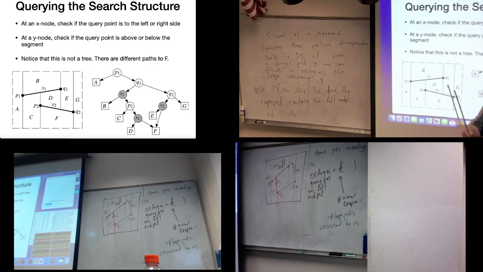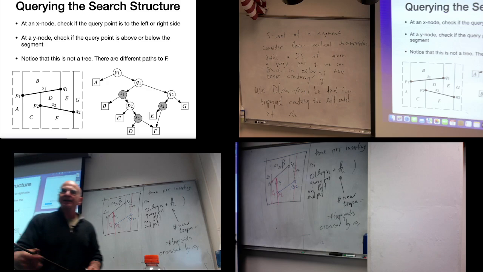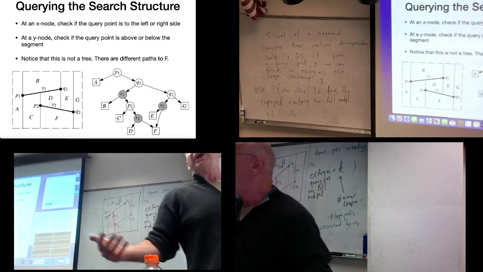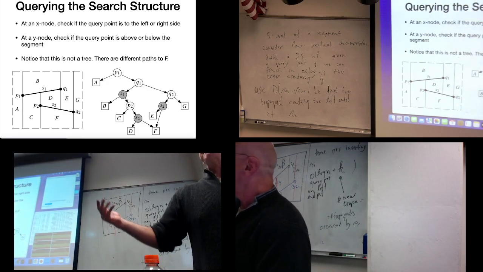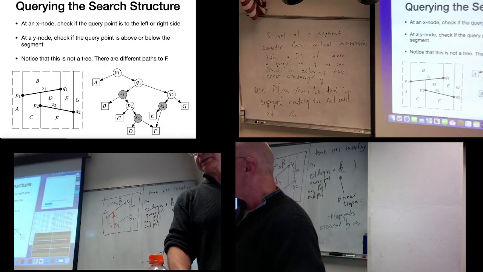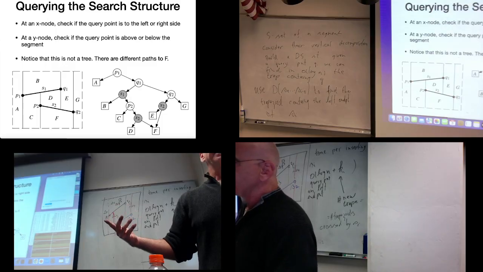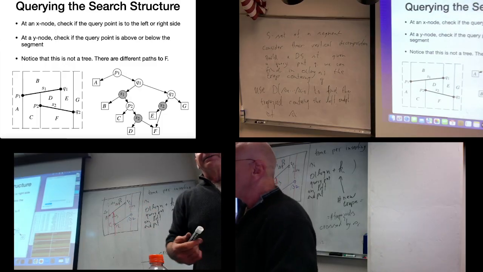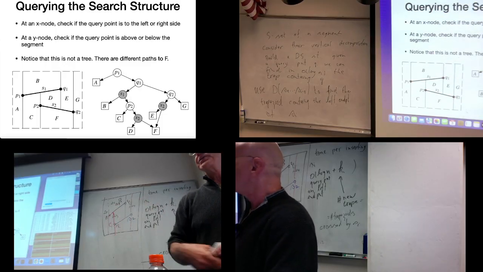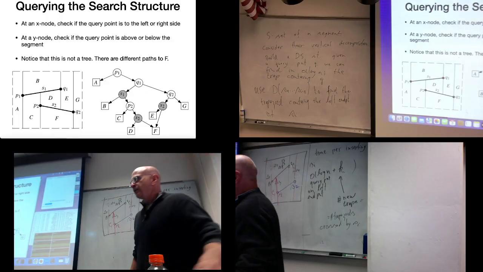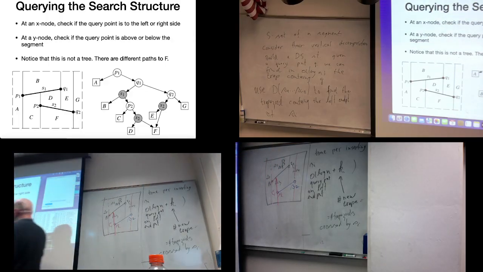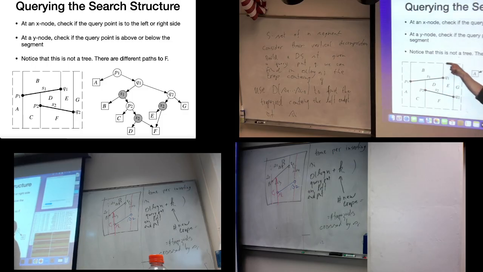How many events do I have? Sorry, how many events do I have? N. I spend order log n per each event, but I have only 2n endpoints, and per each event I change a constant amount. How many trapezoids can I create if I just have n events, and every event creates 2 rays?